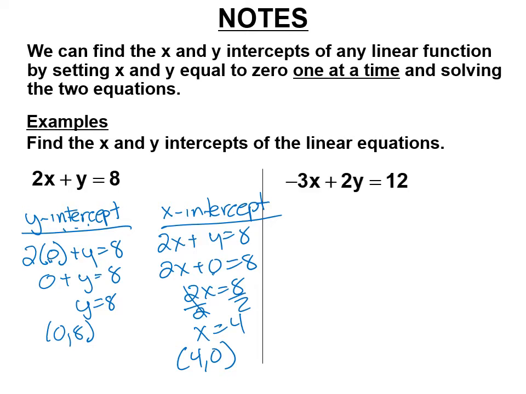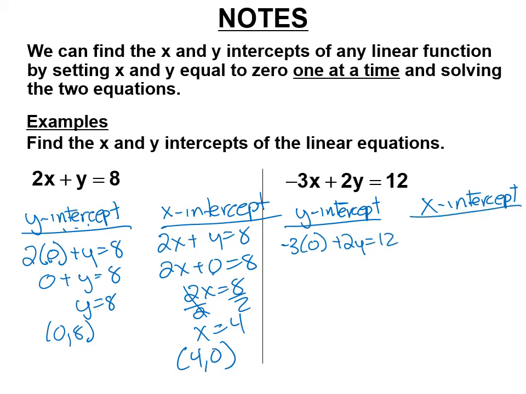All right, so do it for this function. I'm always going to start with the y-intercept, just to be consistent, and then do the x-intercept. So for the y-intercept, I make the x-coordinate equal to 0.